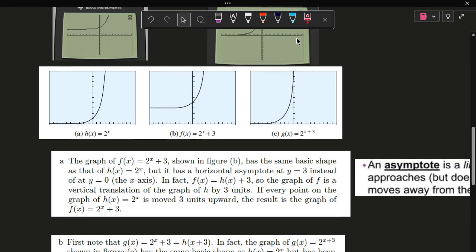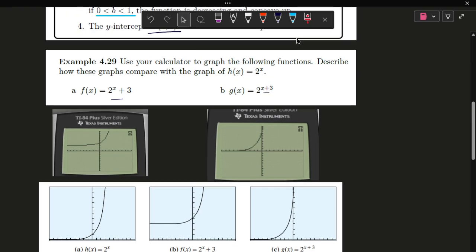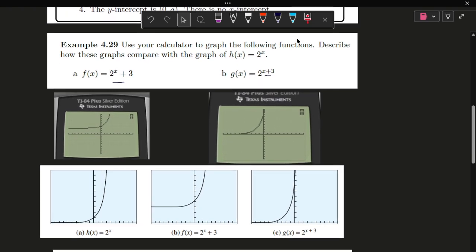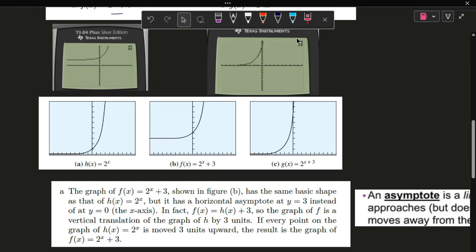So that's the other big thing about exponential equations. When we have 2 raised to the x or 1/2 raised to the x as our functions, these graphs can be negative numbers, but only if the negative is on the outside.